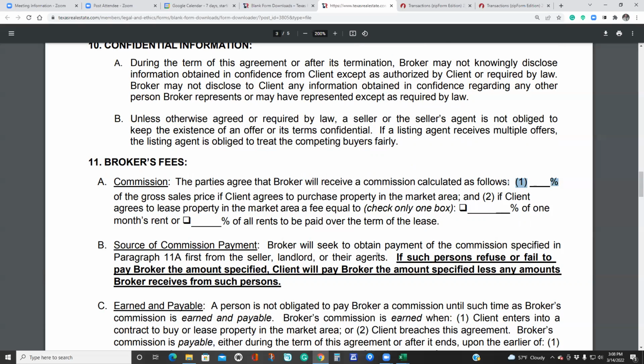So for example, if I put 3% in here, it says here that I'm going to try to get that commission from the seller, landlord, or their agents. And in other words, the other broker. If that doesn't happen, then you would be responsible for it. That's a part that does get taken care of.